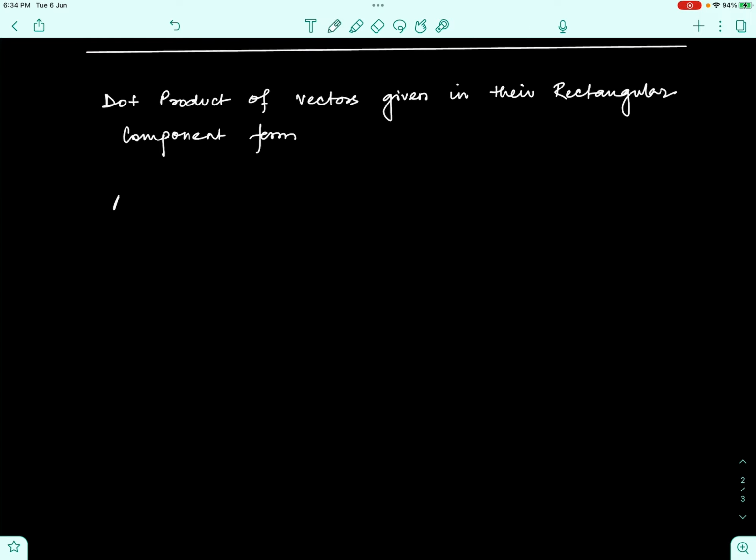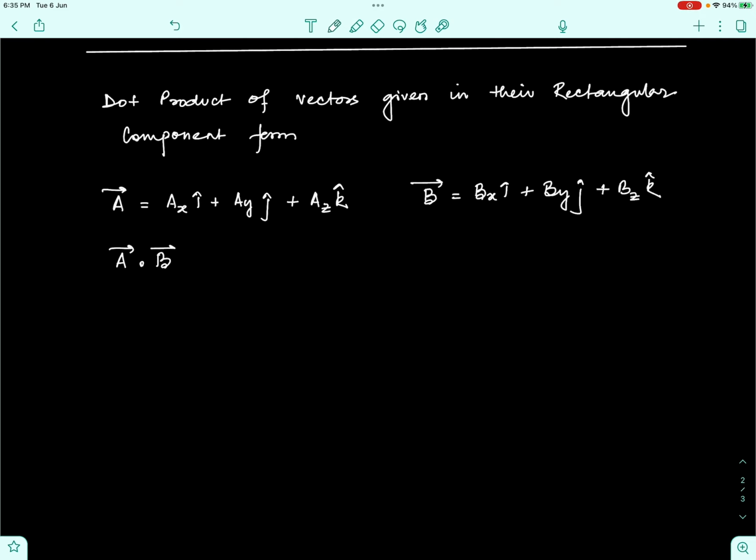That means that we have been given vector A as Ax i cap plus Ay j cap plus Az k cap, which is the rectangular component form of vector A, and vector B is given as Bx i cap plus By j cap plus Bz k cap. So, as the two vectors are given in their rectangular component form, we are asked to find out the value of A dot B.